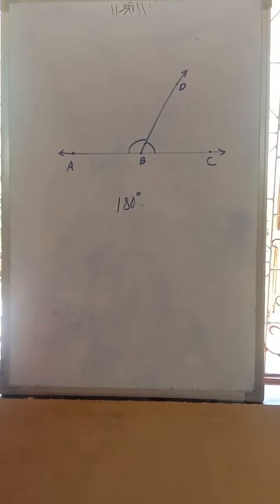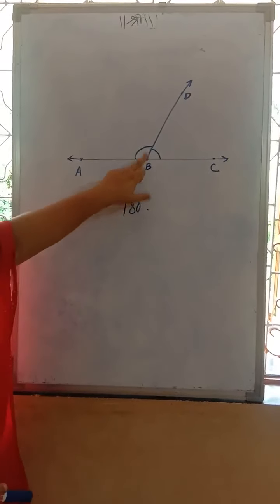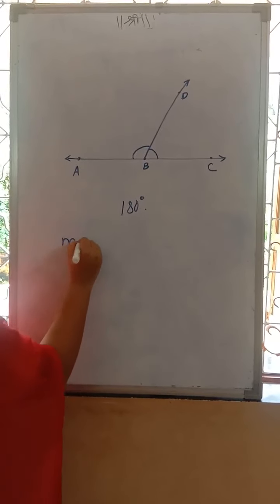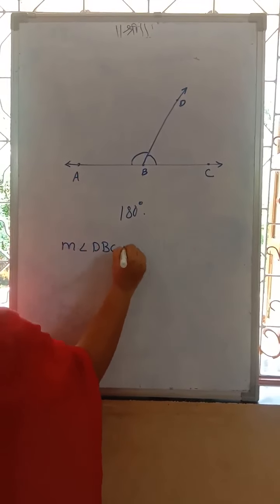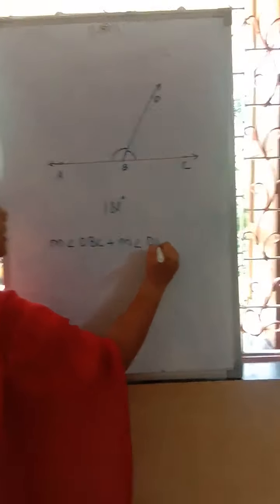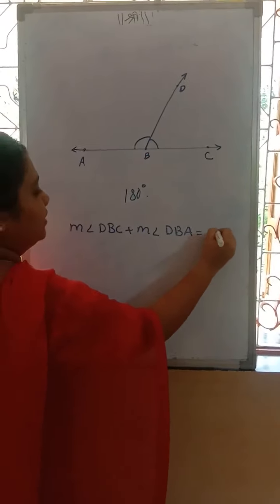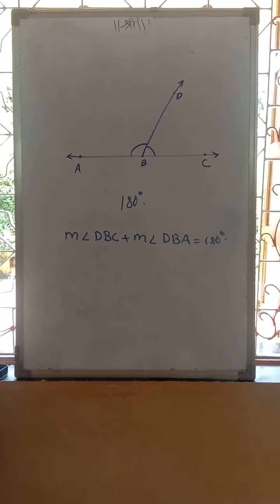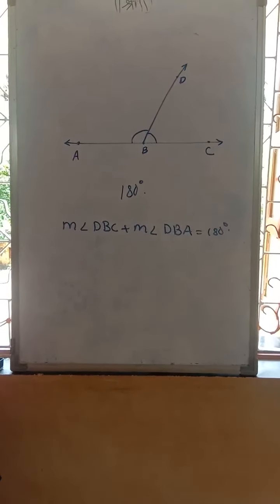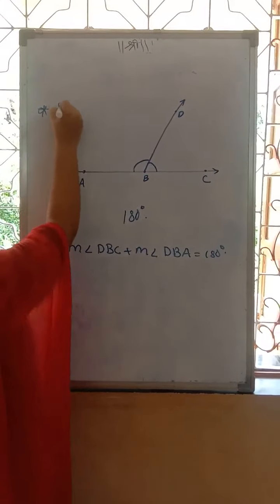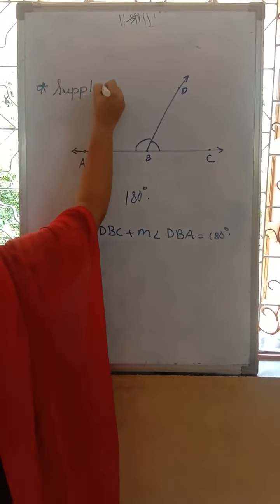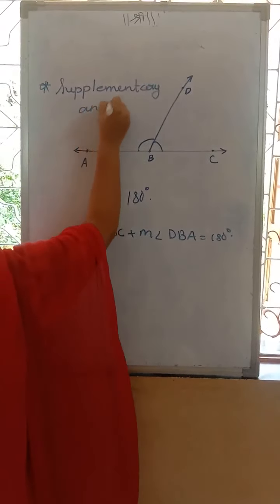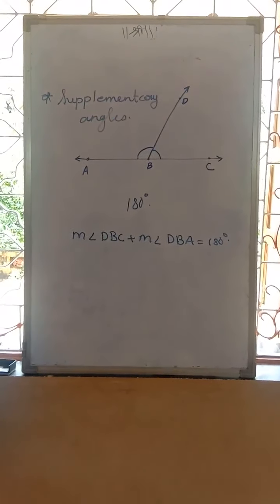Now also ray BD is on a straight angle, so when you add measure of angle DBC plus measure of angle DBA, it will be 180 degrees.